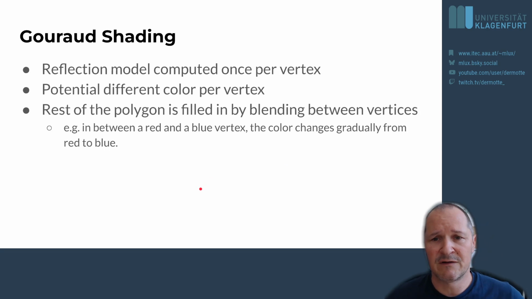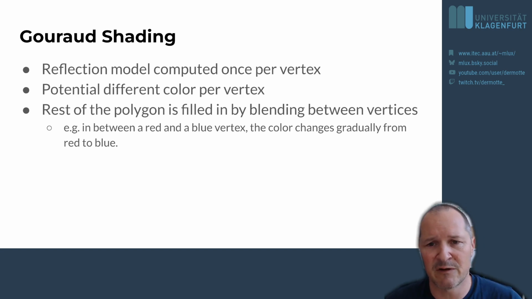In contrast to that, of course, we do not always want this low poly style or have so many polygons that you don't see the polygons. We often want to fake the shading a little bit based on fewer polygons than we actually want to convey to the viewers. And for that, we use Gouraud shading, which is computed once per vertex and not once per normal of a plane.